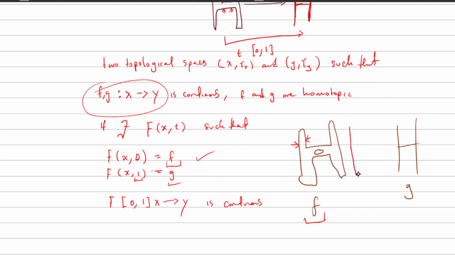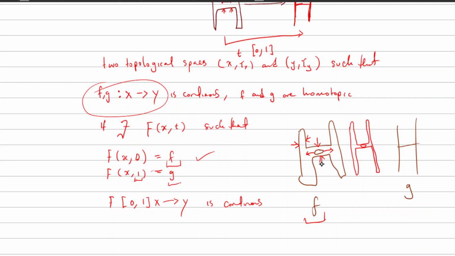But there will still be a hole here, and this hole will cause a discontinuity, because as this is collapsing down on itself, there are two points that are going away from each other.